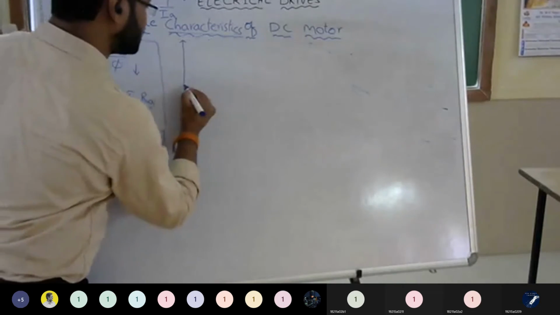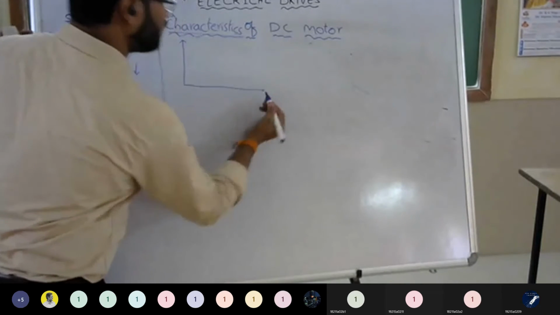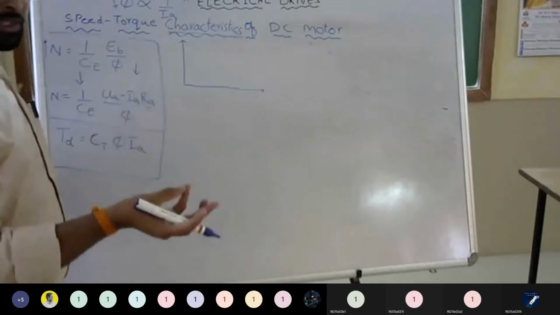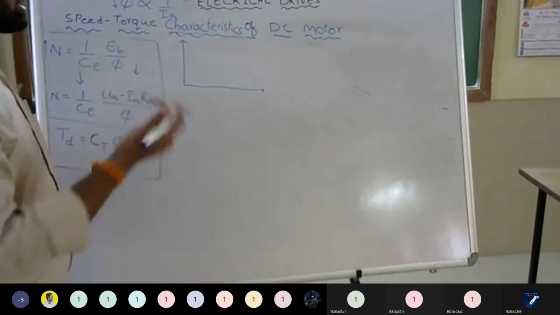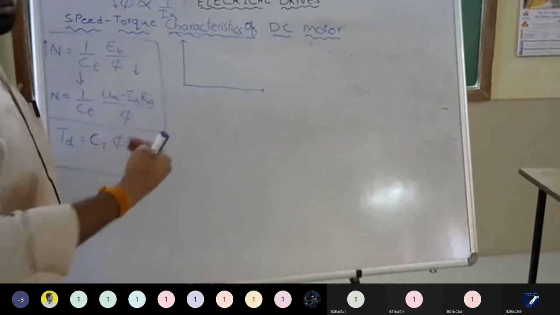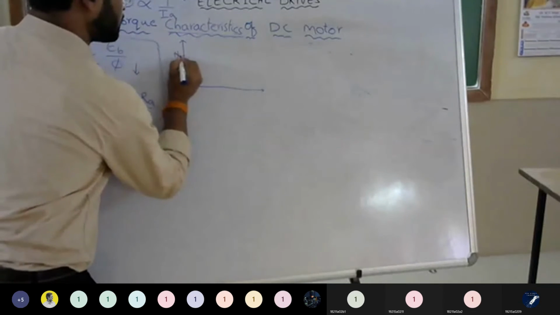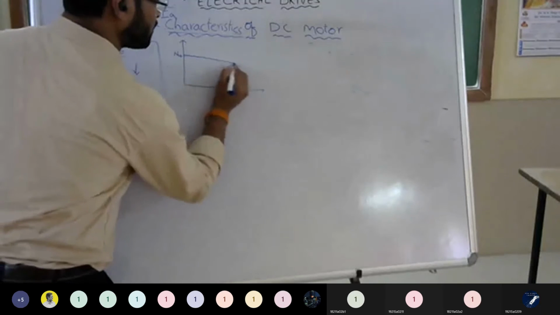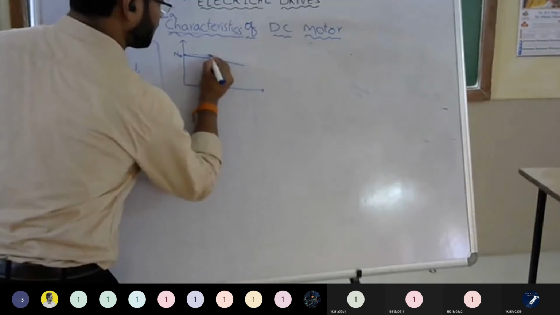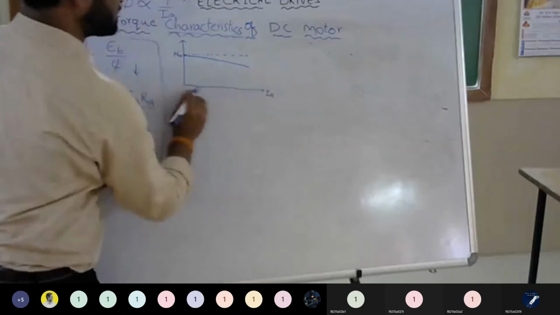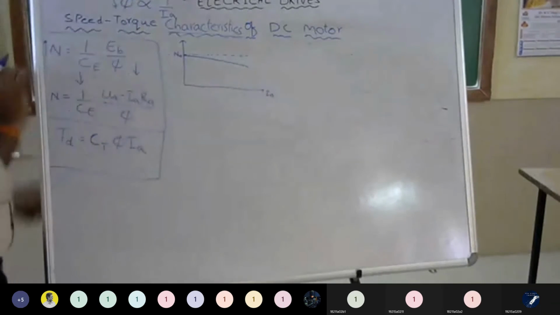Here I'm saying it generalized, because in the next chapters, when we go through the speed equations of the DC separately excited motor, DC series motor and DC shunt motor, at that time we will clearly see what the characteristics are. Here I'm saying it generally. So this is N0, and these are the characteristics of speed when IA is increasing.